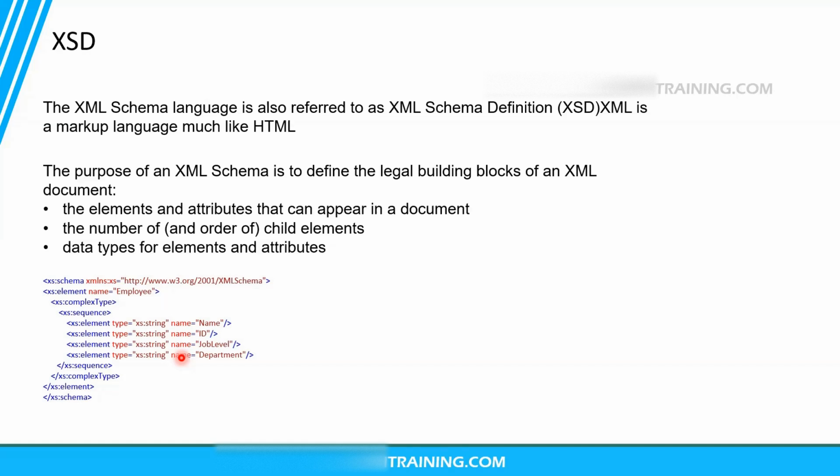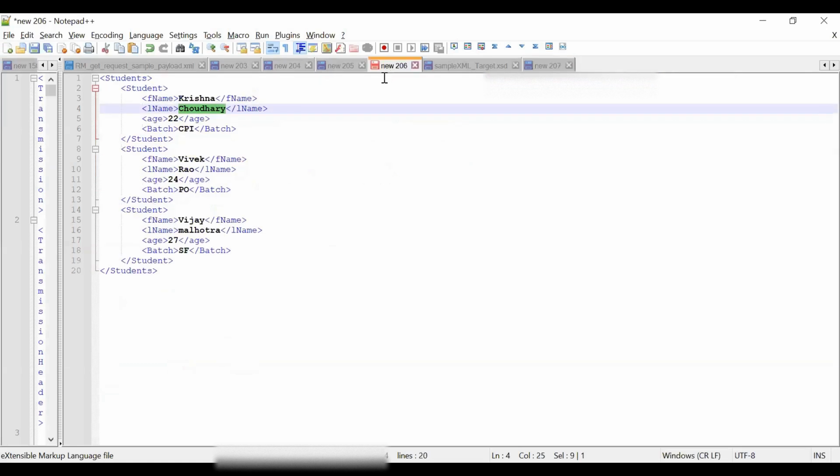The elements and attributes that can appear in a document. These are elements, and we can define an attribute as well.